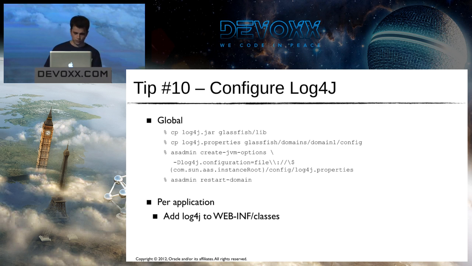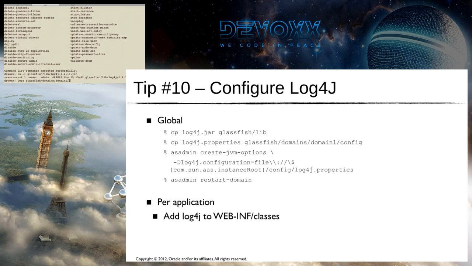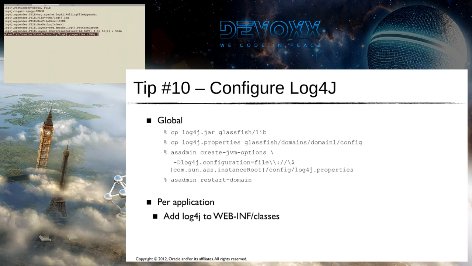So let me show you how it looks. So let me check. I have log4j here, all right. I have a very small log4j property here. So in this case, it will not print things in the server log.